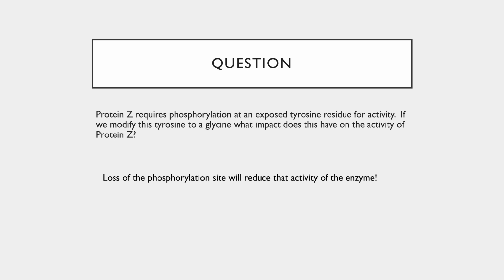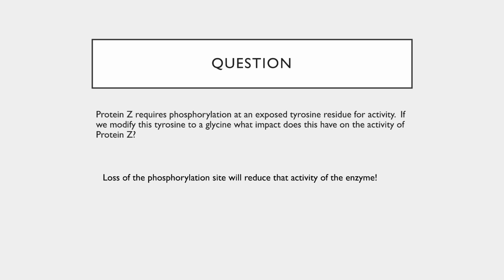How do we know that phosphorylation site has been lost? If we remember back to the structure of tyrosine, we know it has an exposed hydroxyl group, whereas glycine does not. Therefore, this modification to glycine eliminates this phosphorylation site. So it's likely that this will reduce the activity of the enzyme.